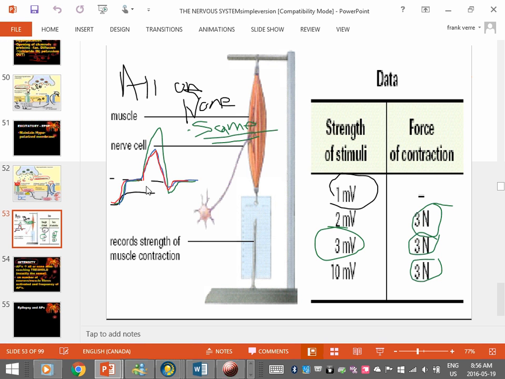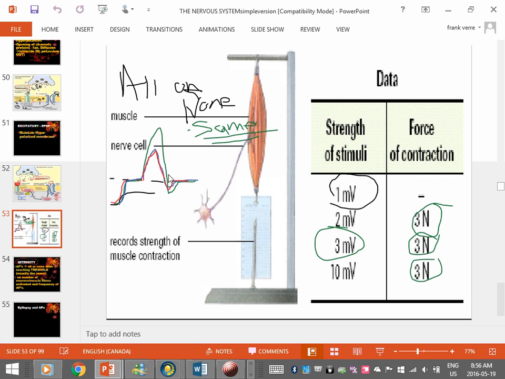So, take a look at this. You see these action potentials? You see the red one? And you see the blue one? And you see the green one? Let's say the red one is the action potential for the stimulus at 2 millivolts. We know what an action potential is, the movement of sodium in and out.